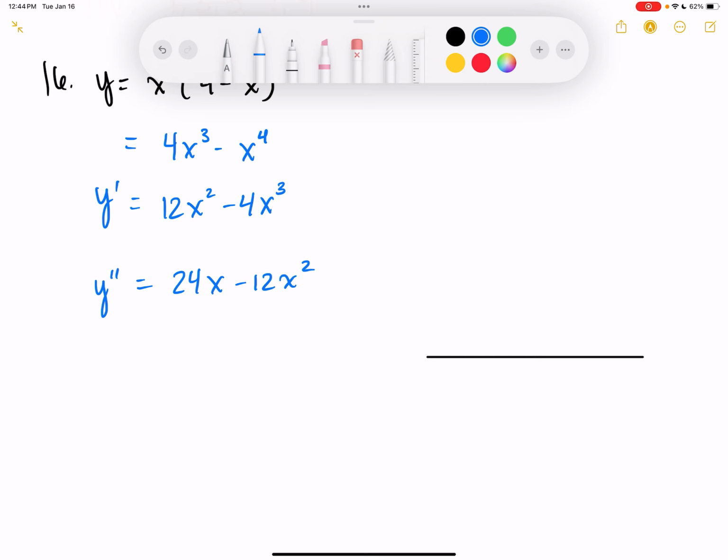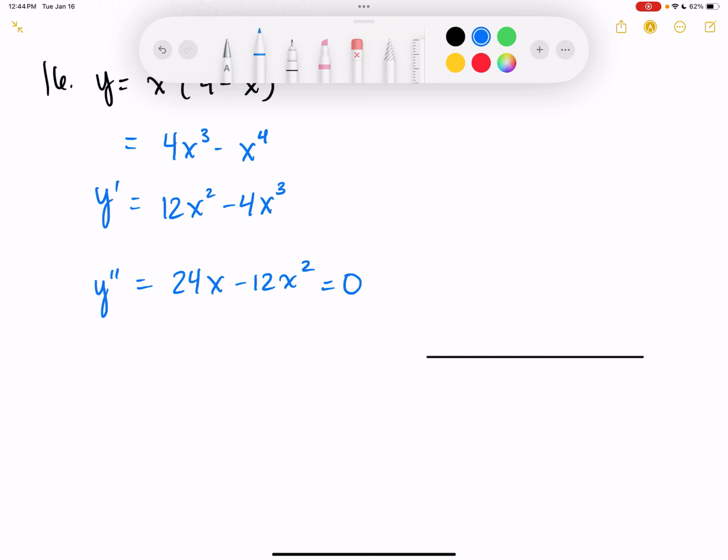How do we solve for 0? Setting it equal to 0. What am I setting equal to 0? The second derivative. Second derivative equal to 0.